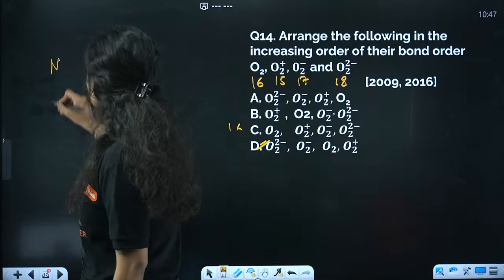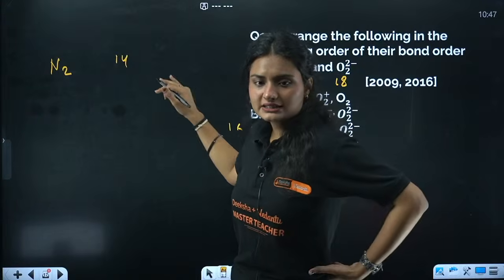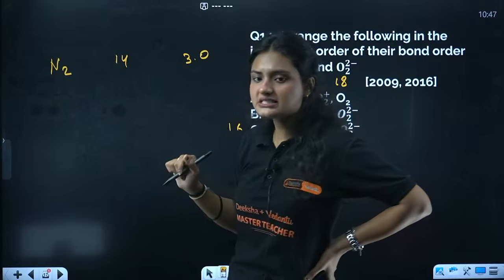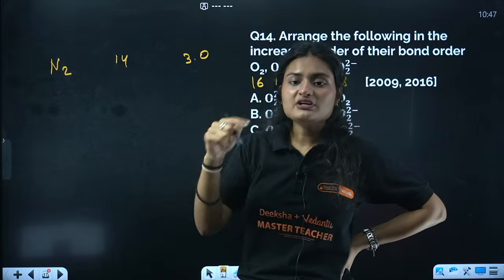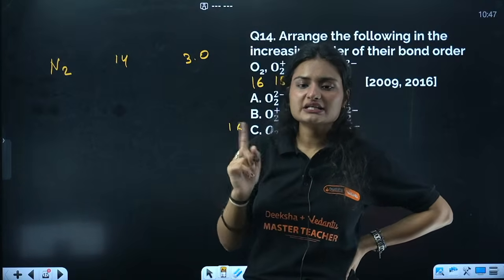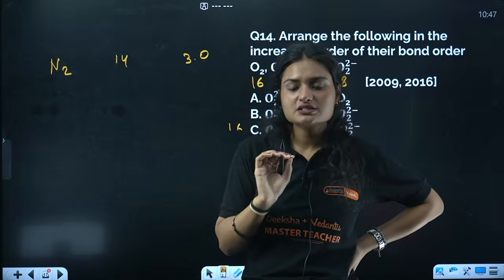Nitrogen having 14 electrons, we take it as the standard, and we know the bond order for this. The bond order is 3. If we increase or decrease the number of electrons by 1, the bond order will decrease by 0.5.